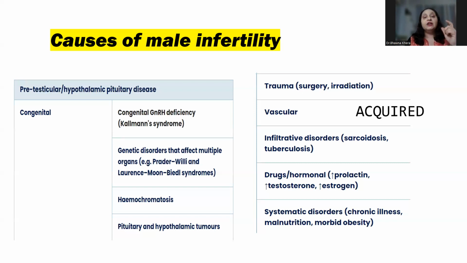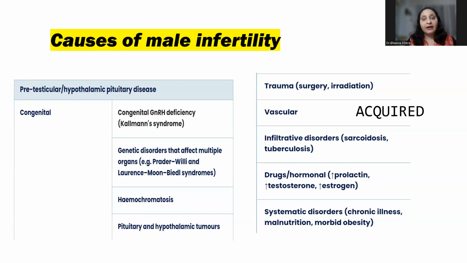Then there are other genetic disorders that affect multiple organs, like Prader-Willi and Laurence-Moon-Biedl syndromes. Hemochromatosis, in which there is a defect in iron metabolism and iron gets deposited in the pituitary. Then there are certain pituitary and hypothalamic tumors, which can be there from the congenital part. So these are congenital causes.